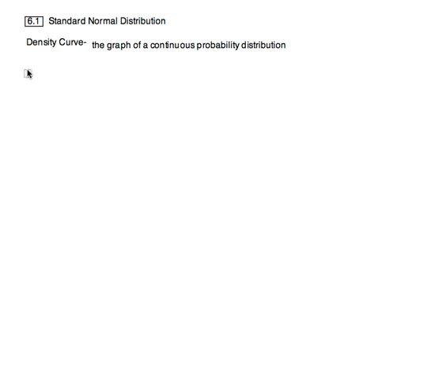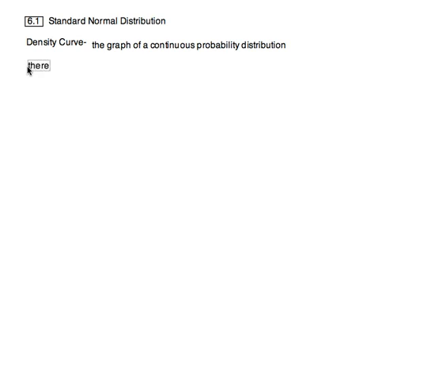So anytime we have a continuous probability distribution, we're going to have a density curve. The important thing about density curves is that we end up with a relationship between probability and the area under that curve. And because the total probability of anything, the sum of all the possibilities, we know is 1, that means the total area under a density curve also has to be 1.